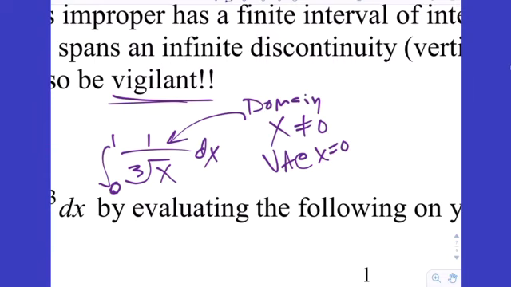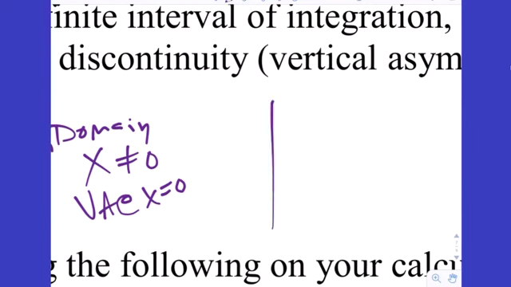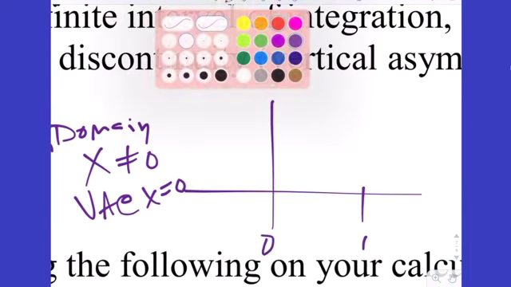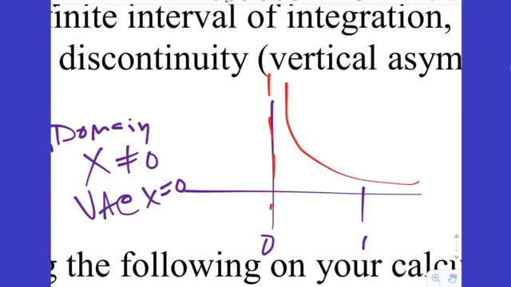And now the question is, let me kind of draw something. Here's a graph. Here's 0. Let's say we're starting at 1. Let's say the graph just looks something like this. We have a vertical asymptote. So we're looking for this area here. We'll keep it as area because it's easier to talk about. As we approach the vertical asymptote from the right, the question is the same thing.